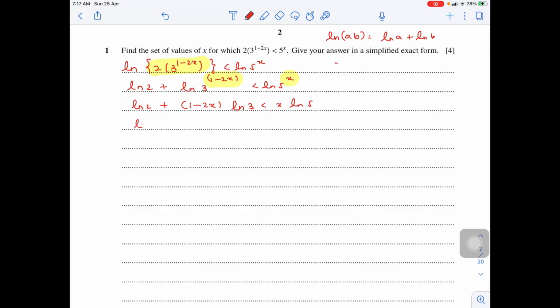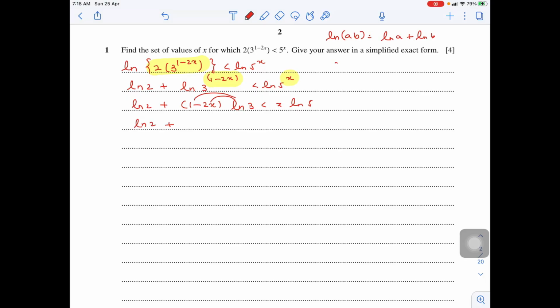So that becomes ln 2 plus 1 times ln 3 is ln 3 minus 2 times ln 2x times ln 3 is 2x ln 3 is less than x ln 5.